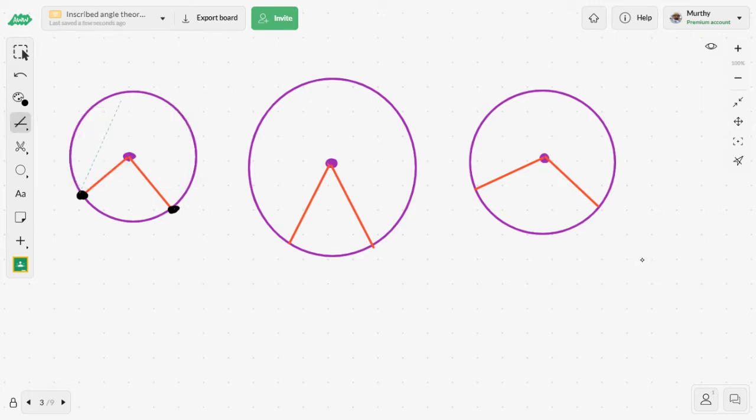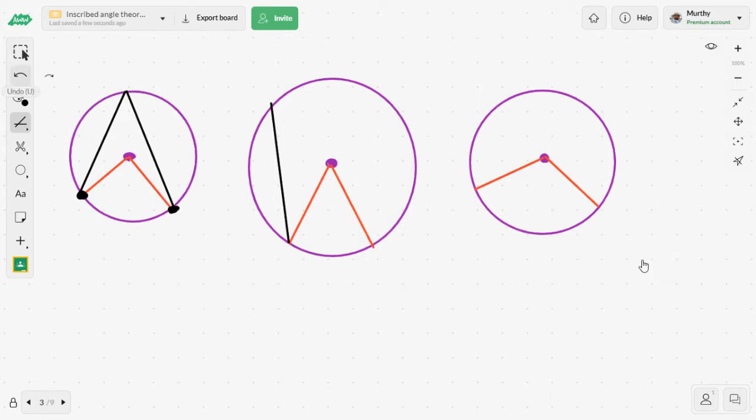One chord is here and one is here. Again, as I told you before, it can be anywhere. The angle can be formed anywhere on the boundary. Do you see that it is not right above, but tilted to the left side? Left side or right side, it doesn't matter.